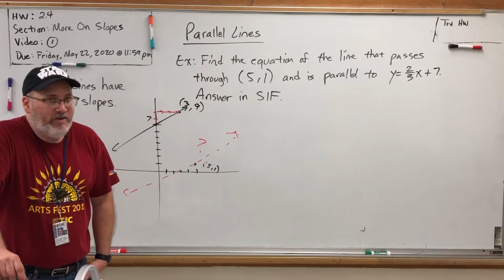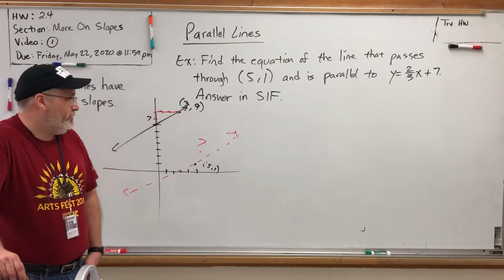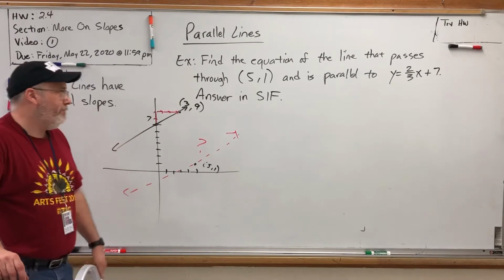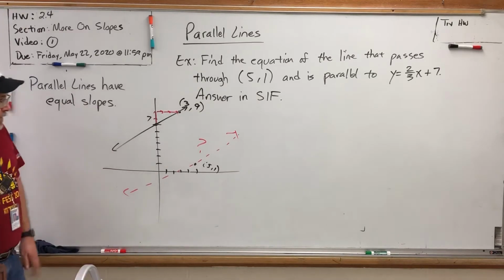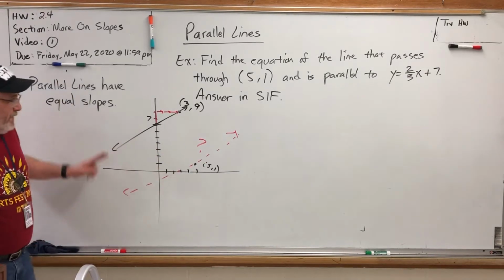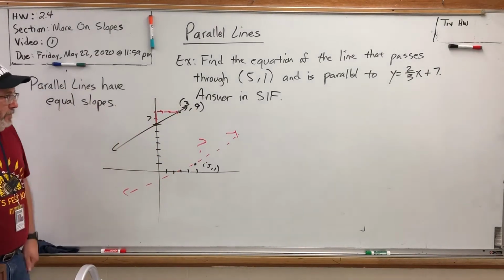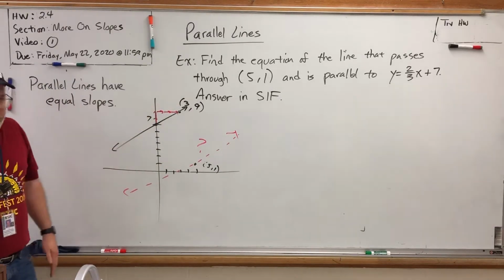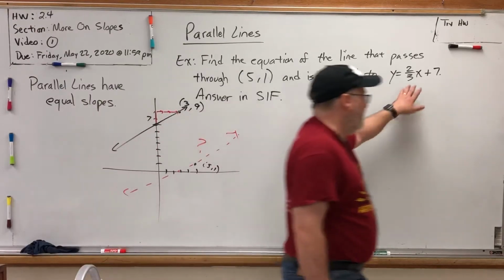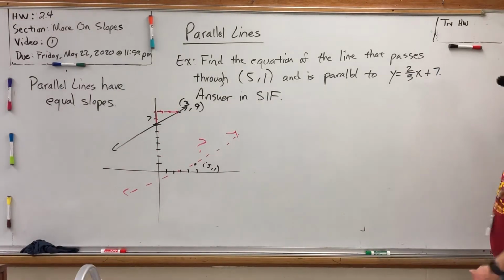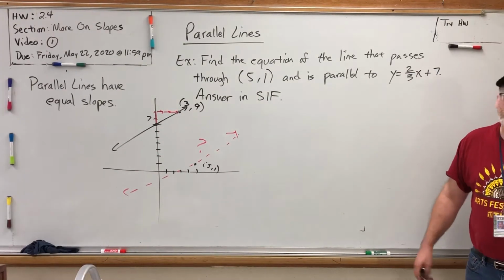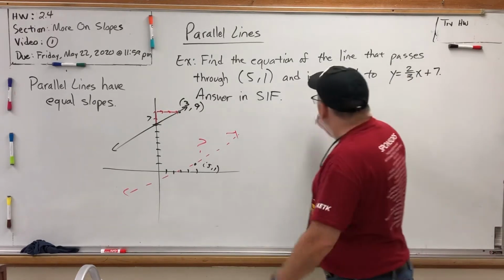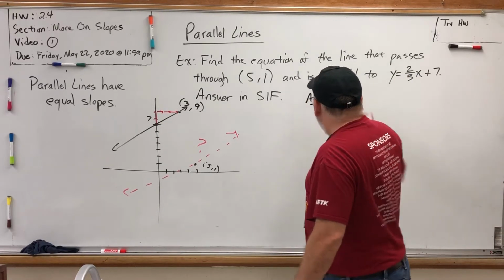But I'm told something about the line's slope because I'm told that it's parallel to this line. Okay, the line that I want is parallel to the line that I'm given. So the line that I want has the same slope as the line that I'm given. This is the line that I'm given. What is its slope? And that's the slope I'll use. So here goes the thought process.